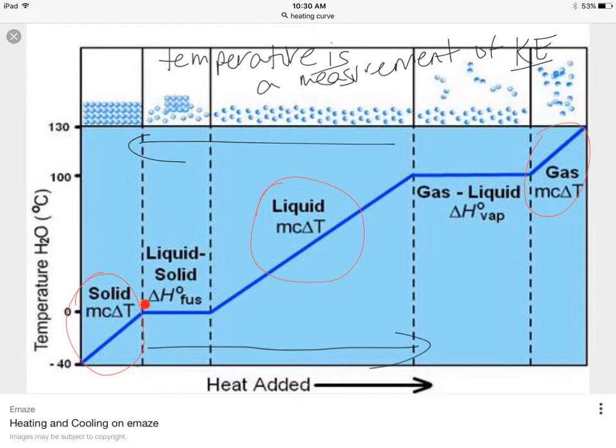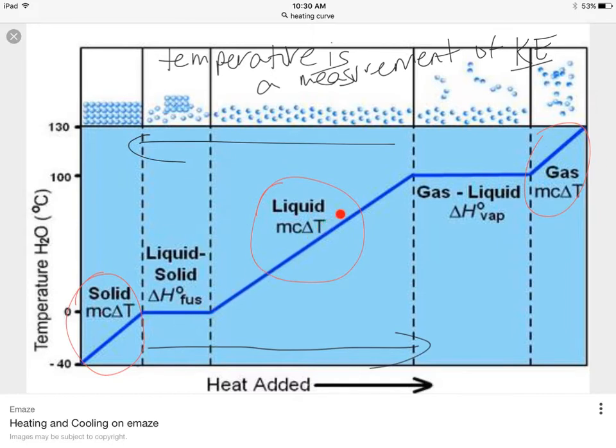Then the energy that you're adding as you continue to add energy is no longer making these move faster. It's separating their intermolecular attractions. It's being used for something else. So the temperature doesn't increase until they're all separated. At that point, if you add any more energy, it can then make them move faster.